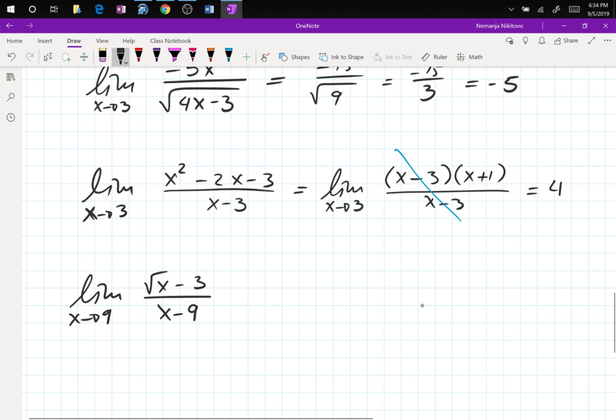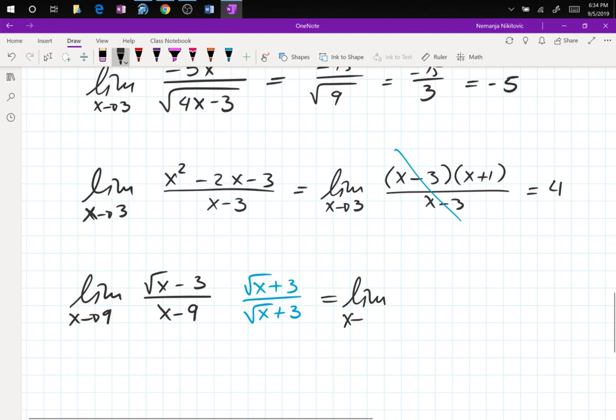But then Nicholas over here came up with the God tier, and that's going to be our second way to do the problem. So let's first do the standard way, because again, you see a square root, most likely rationalizing solves the problem. So the standard way is to multiply by root x plus 3 divided by root x plus 3, and then work out the algebra and cancel stuff eventually.